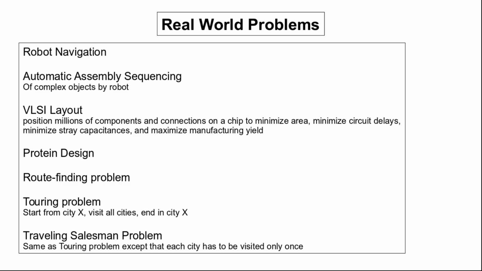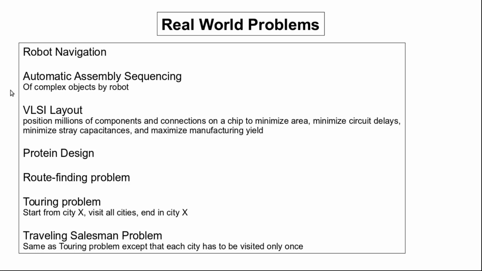So you want to assemble different parts together to create a complex object, and you want the robot to do this activity, and this problem of assembling different parts to create an object can also be solved by using search.